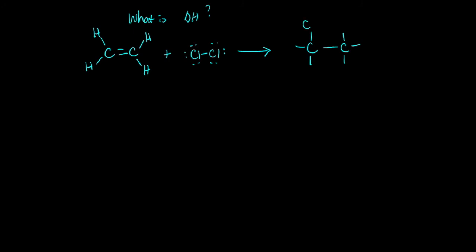In chemistry, we call this an addition reaction. And ethylene reacts with chlorine to give you dichloroethane. And yeah, there's a bunch of stuff going on here.